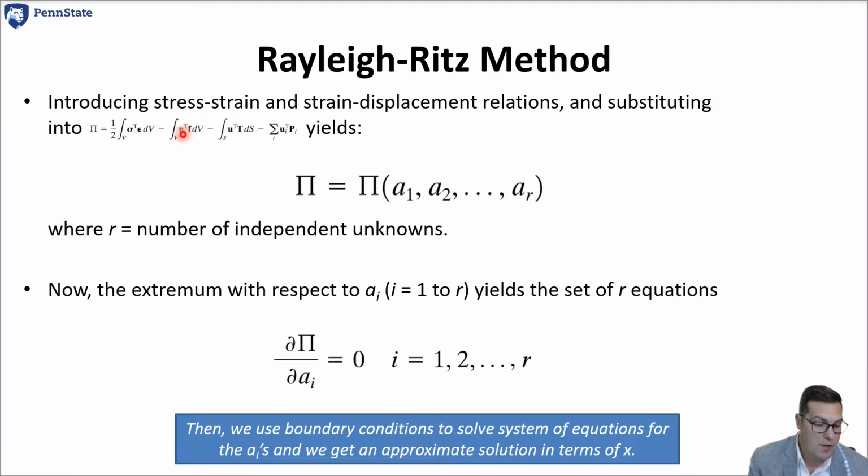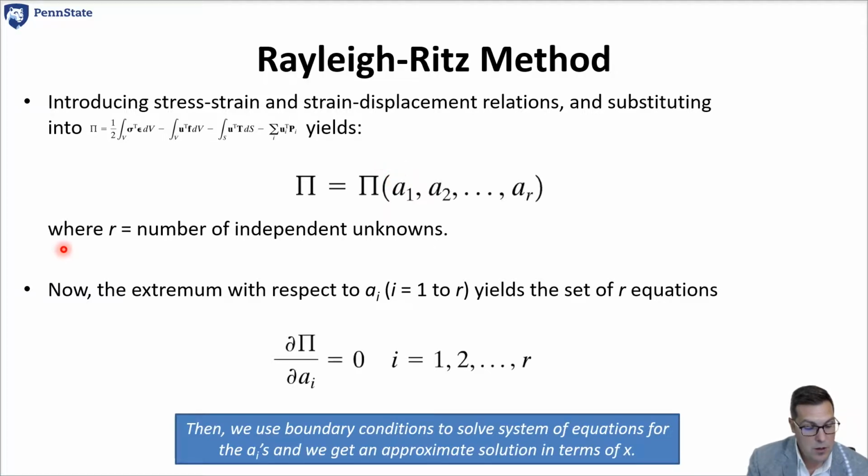So we can write this whole equation in terms of u, because remember epsilon was du dx squared. So we have everything in terms of u here. And if we take u, which is comprised now of a and phi, then our potential energy can actually be written in terms of a and these polynomial functions, let's say an x squared, and so forth. And so the only unknowns there would be these a terms.